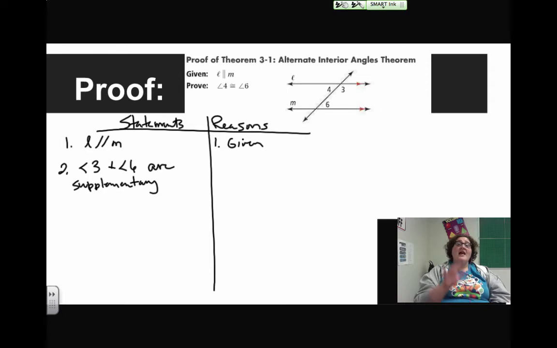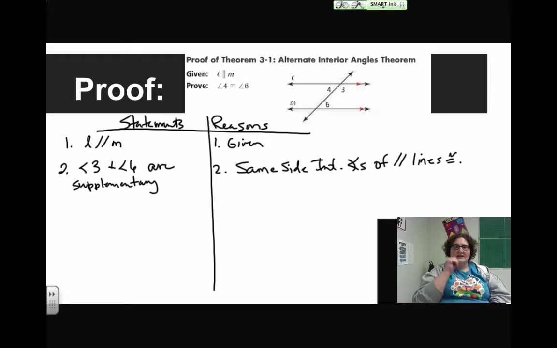And this is because same side interior angles cut by a transversal are supplementary. So same side interior angles of parallel lines, not congruent, silly me, are supplementary.